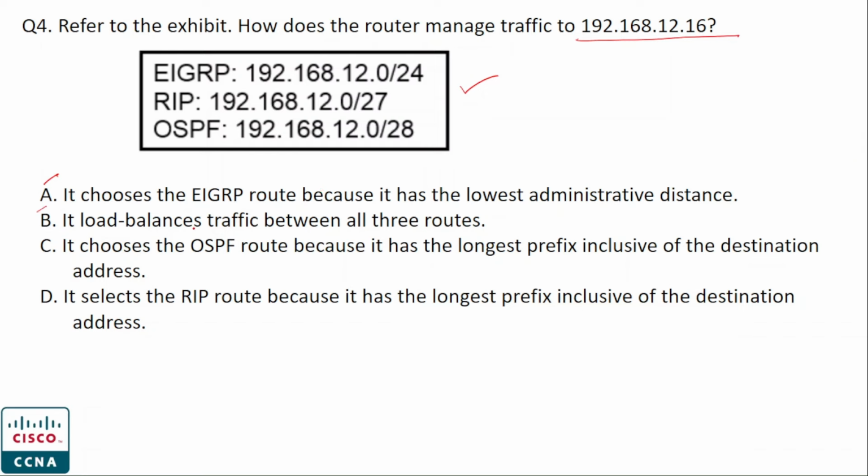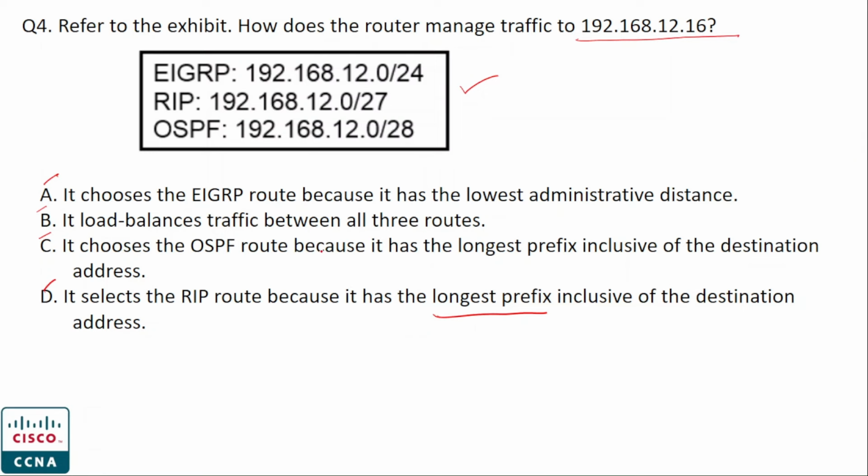Option B, it load balances traffic between all three routes. Option C, it chooses the OSPF route because it has the longest prefix inclusive of the destination address. And option D, it selects the RIP route because it has the longest prefix inclusive of the destination address.